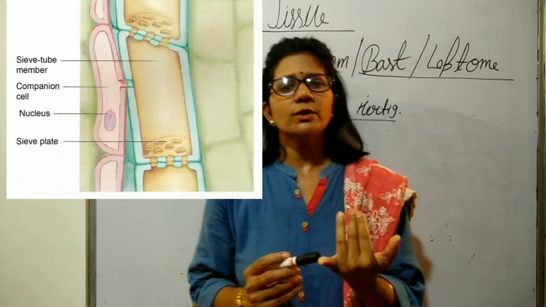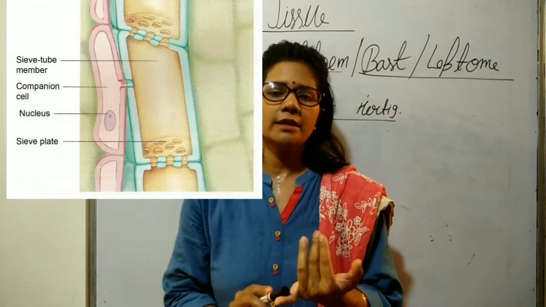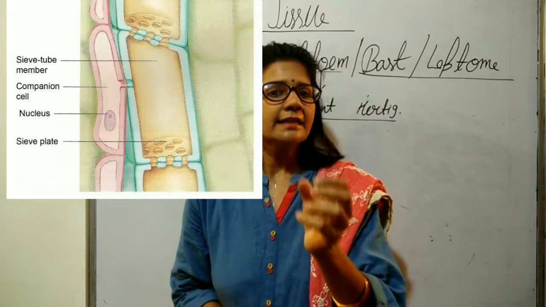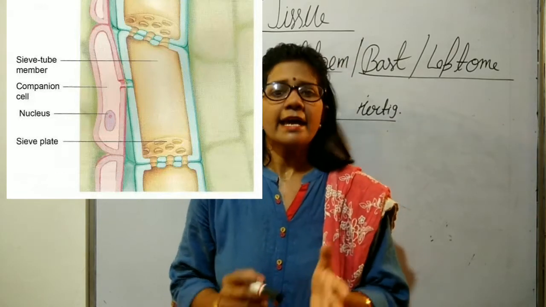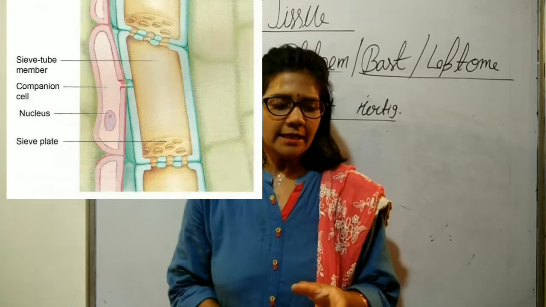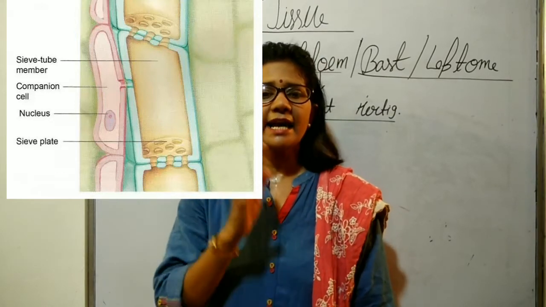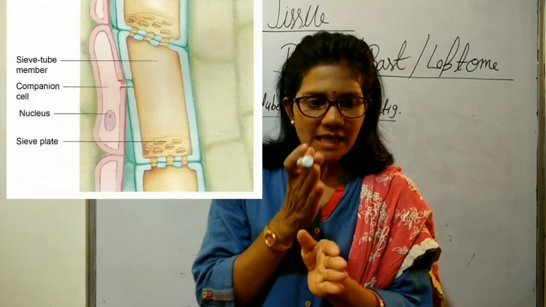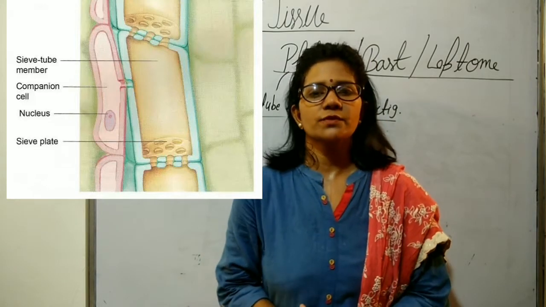Then it is thin walled, meaning its wall is thin. Why is it thin? Because these are living cells, very active cells that help in conduction. And the second very important thing is that there is absence of nucleus in the mature sieve tube cells.